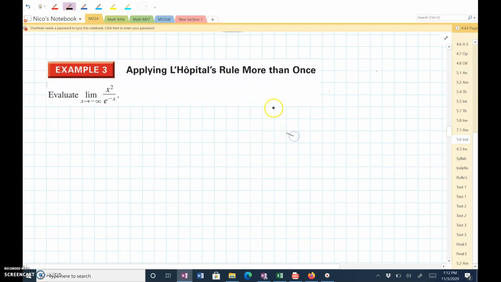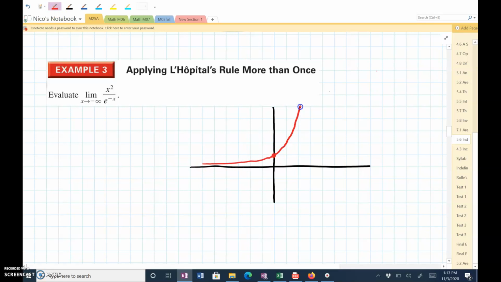So this would be y equals x squared, it would look like that.